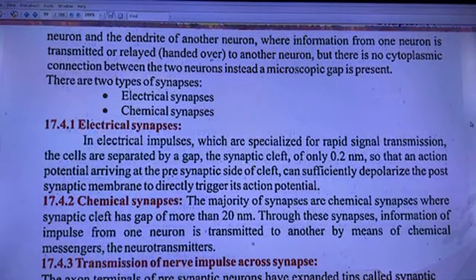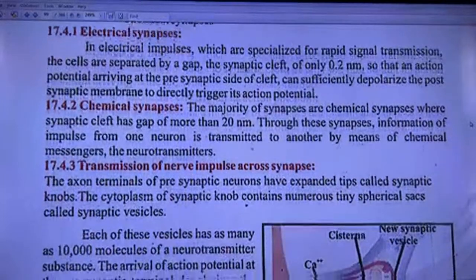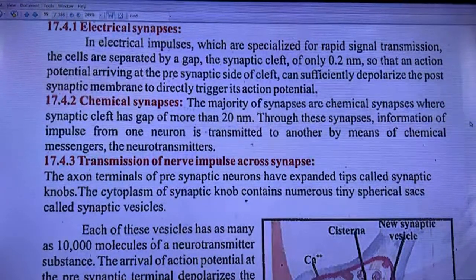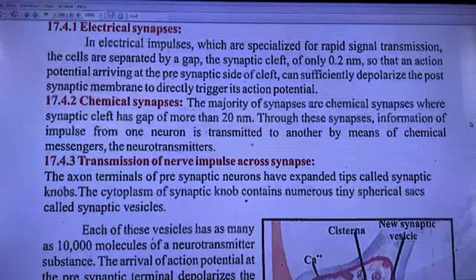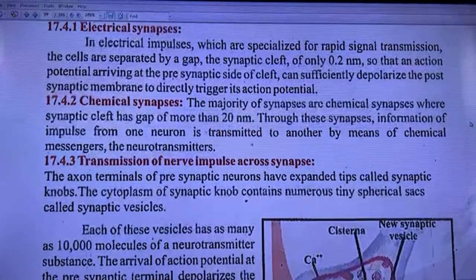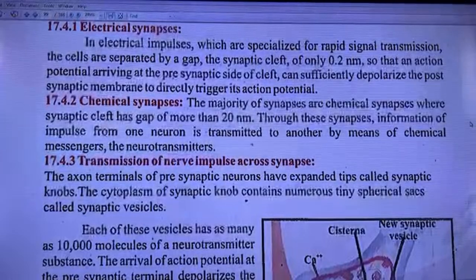Electrical synapses. In electrical synapses, which are specialized for rapid signal transmission, the cells are separated by a gap, the synaptic cleft, of only 0.2 nanometer, so that an action potential arriving at the presynaptic side of the cleft can sufficiently depolarize the postsynaptic membrane to directly trigger its action potential.